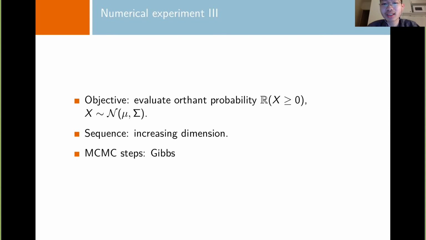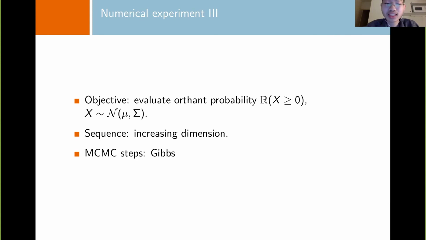Okay, so I will not go into detail for the third numerical experiment. The objective is to evaluate the orthant probability. What I mean by orthant probability is the probability that a normal distribution is contained in some restrictive set, for example, here the set of all points with positive coordinates.